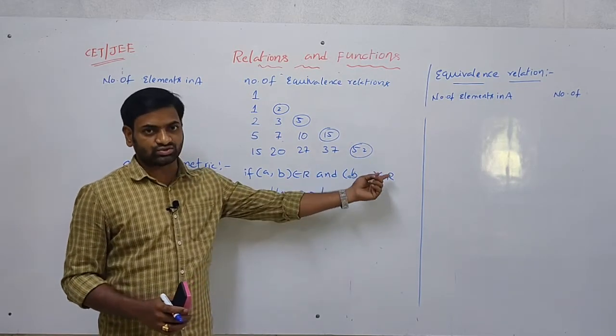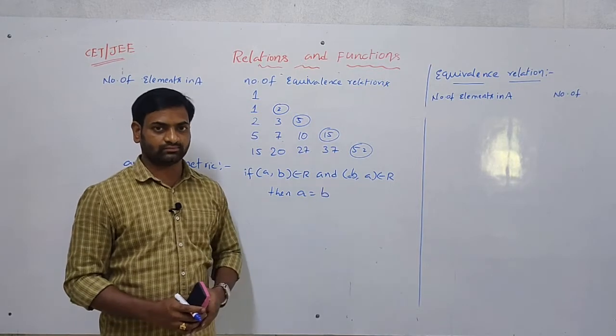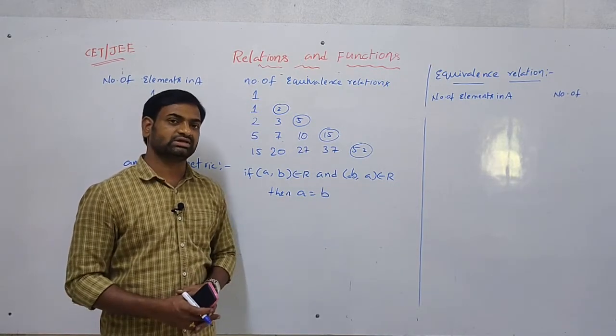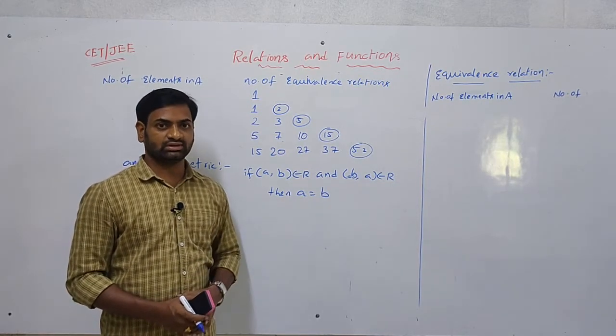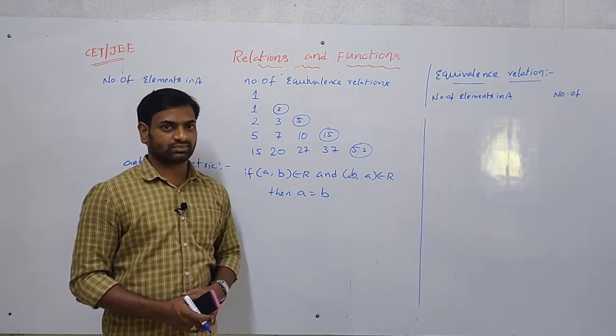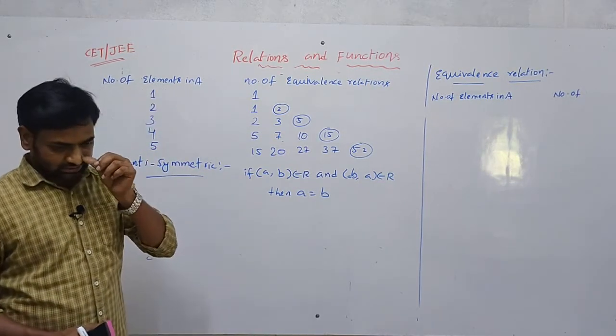When it is A equal to B, we can say it is anti-symmetric relation.